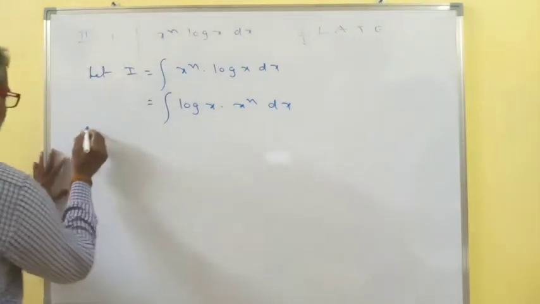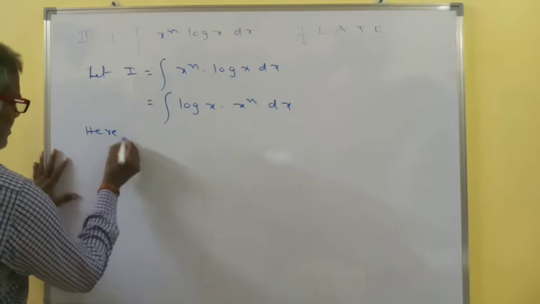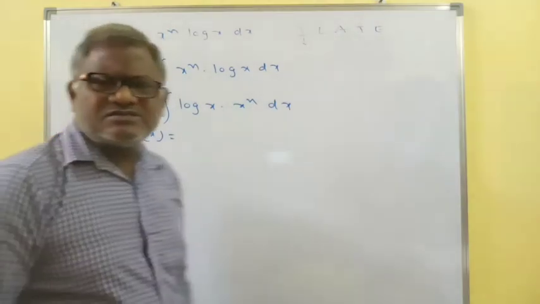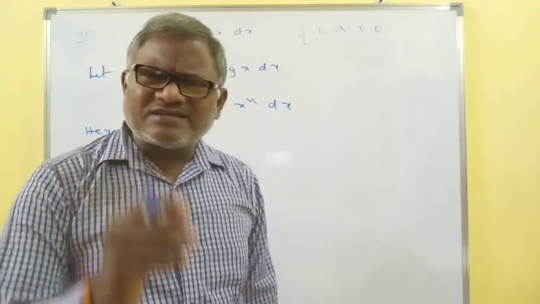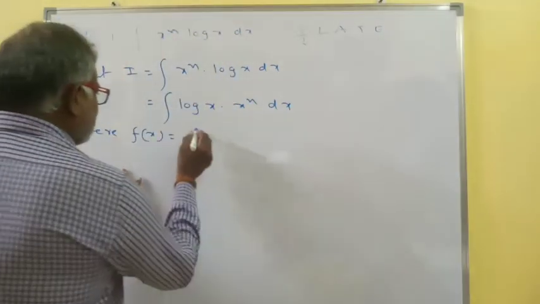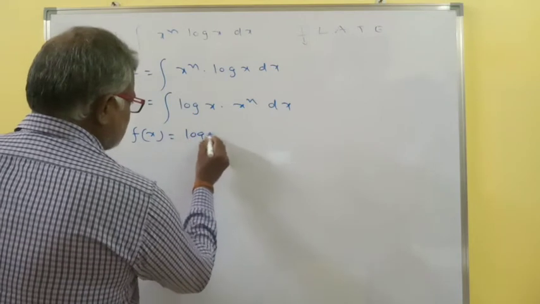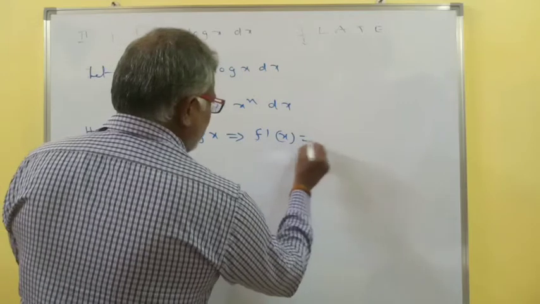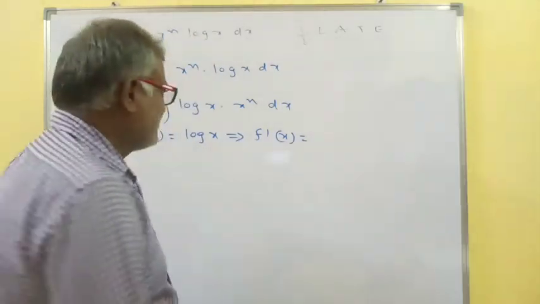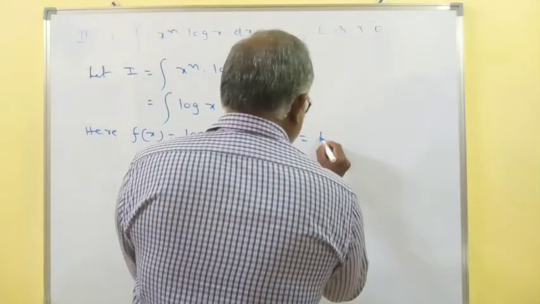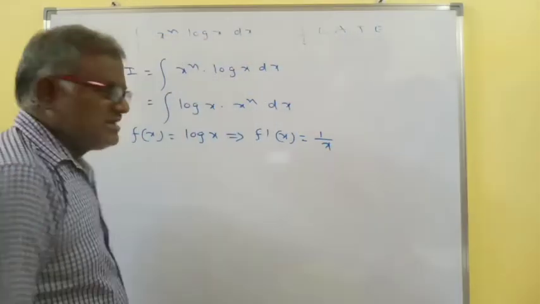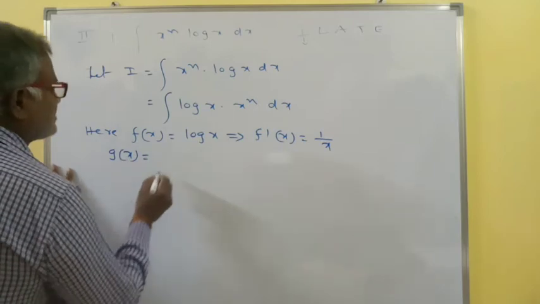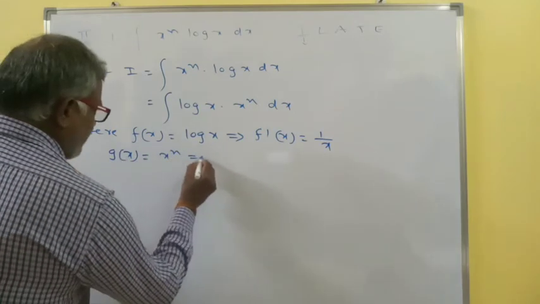So here, f of x, always we have to consider the first function. So, f of x is equal to log x. For the first function, what you have to do? Simply differentiate. So, f dash x, the derivative of log x, is 1 by x. Next, the second function is x power n.